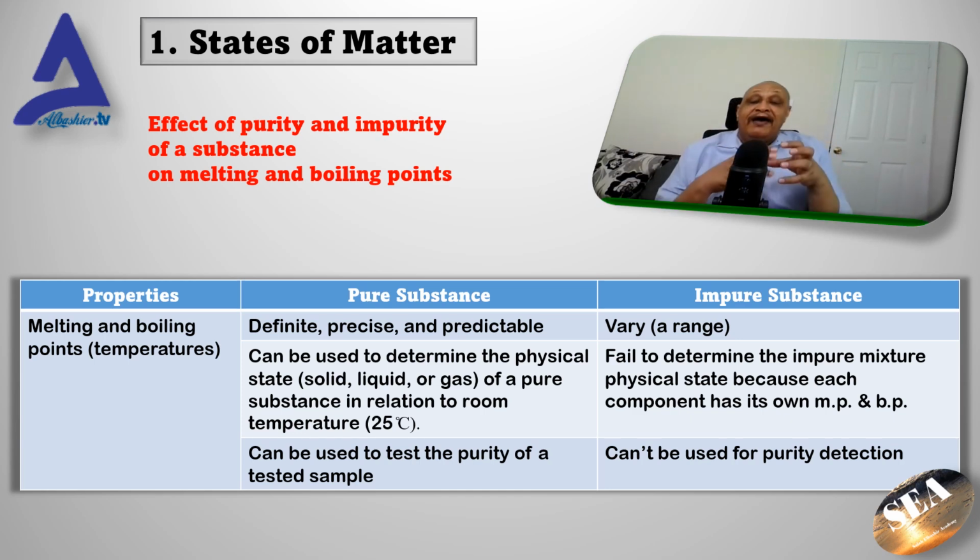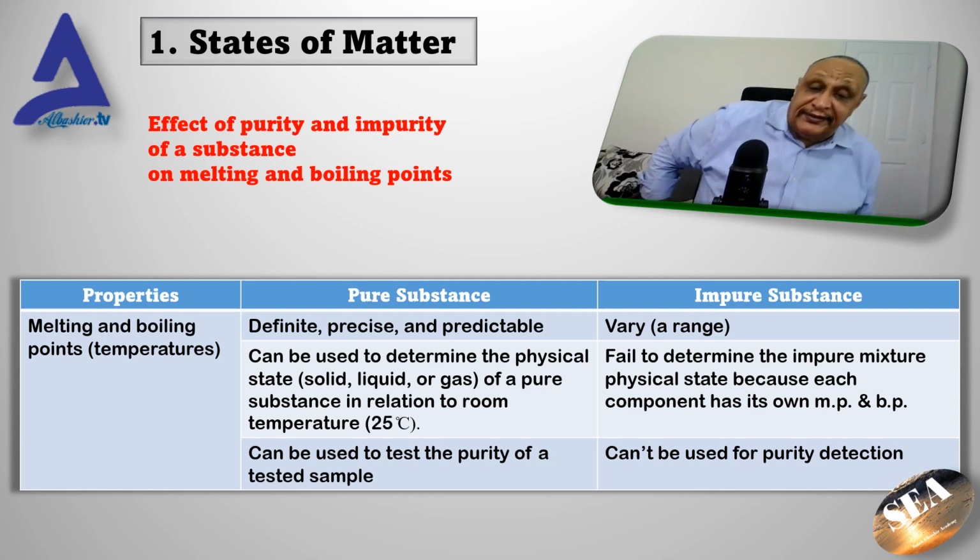Now, if I have a tested substance, that means this substance, I don't know whether it is solid, liquid, or gas. In what condition is it when it is at 25 degrees centigrade or Celsius?